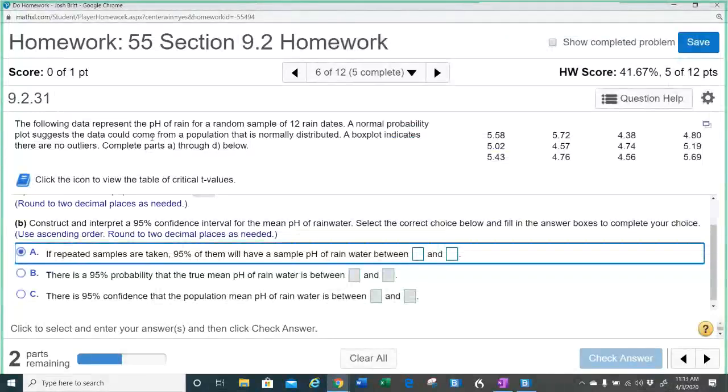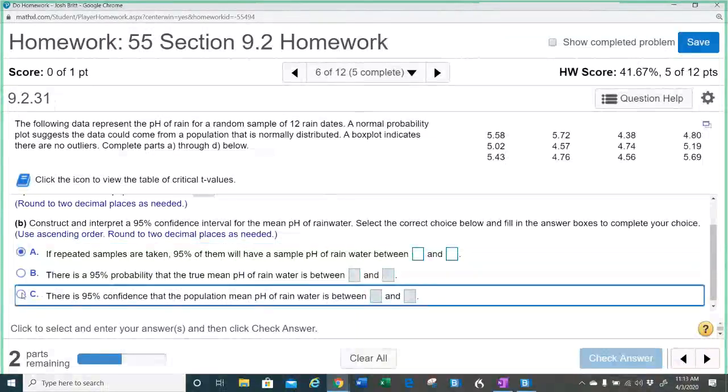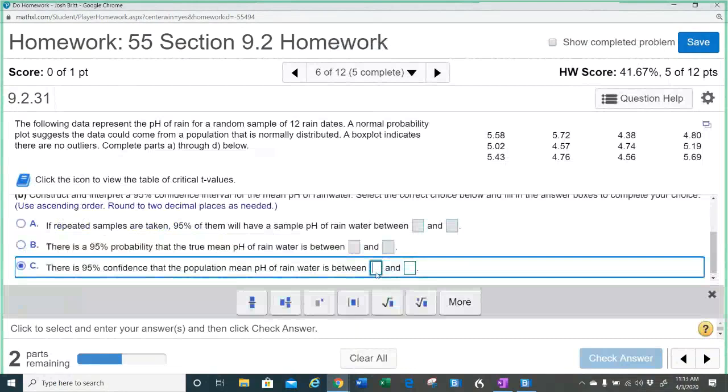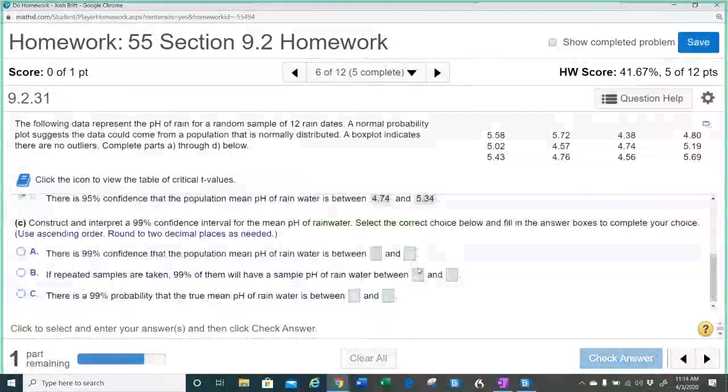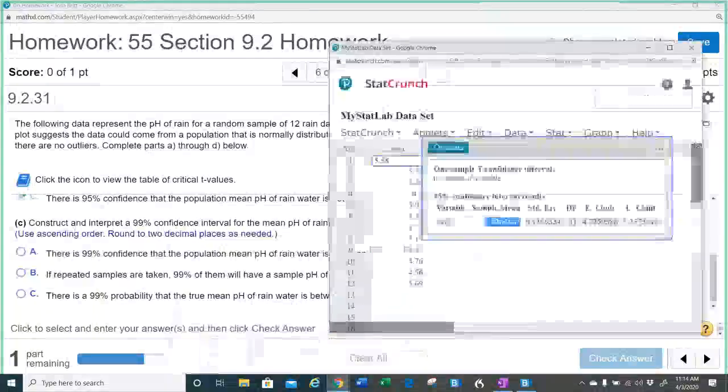And we're talking about the pH of rain. So always choose the one that has confidence. Okay. So 4.74 and 5.34. Now we'll change it to 99% confident.